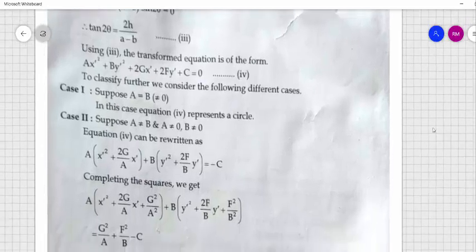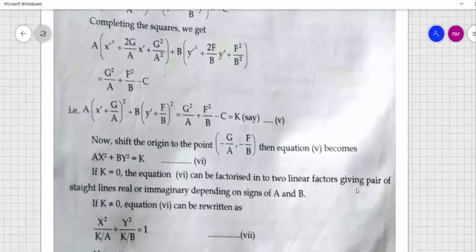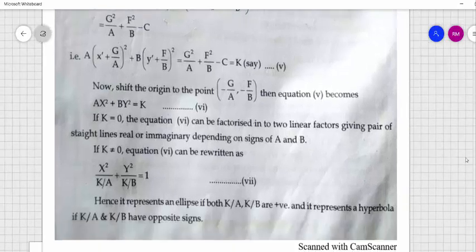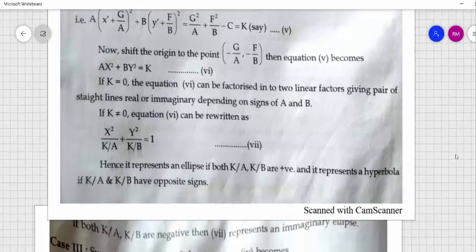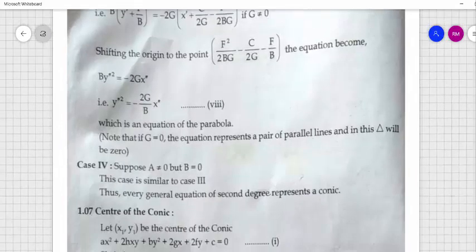Now we have to make the cases, like if a equal to b, then it represents circle. If it satisfies this condition, then it represents ellipse. We no need to go in detail.